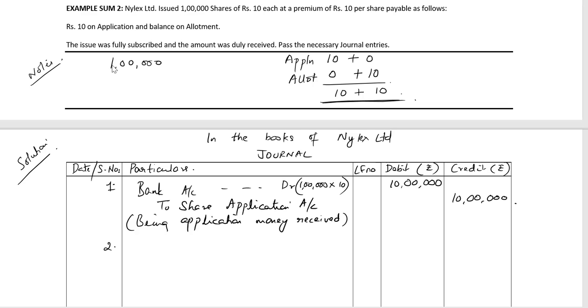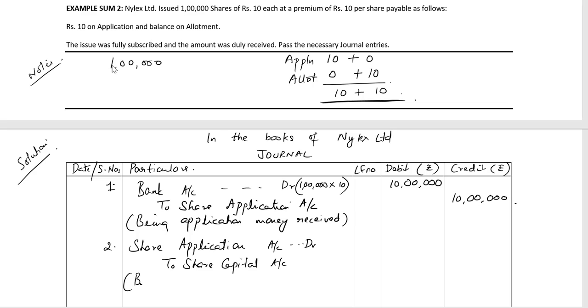The second entry is transfer of application money to share capital at the time of allotment of shares. So share application account, debit to share capital account.